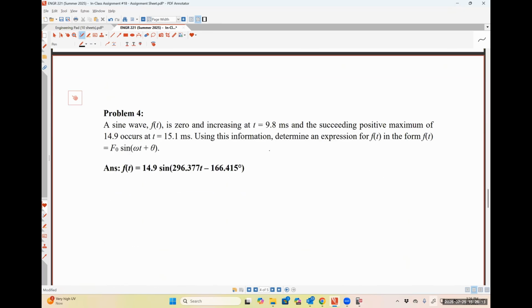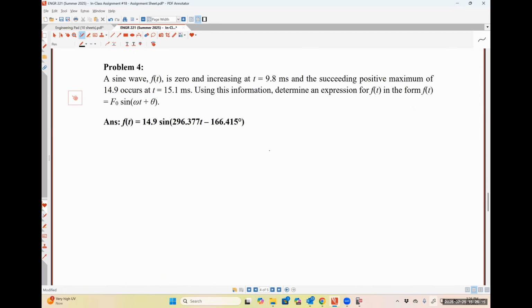So if we scroll down here to problem 4, we are told that we have a sine wave and that it is 0 and increasing at t is equal to 9.8 milliseconds, and the succeeding positive maximum of 14.9 occurs at t is equal to 15.1 milliseconds.